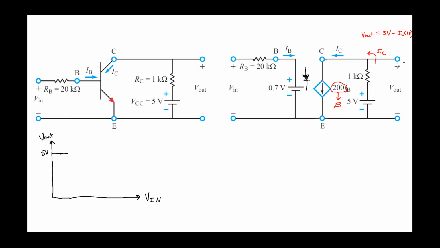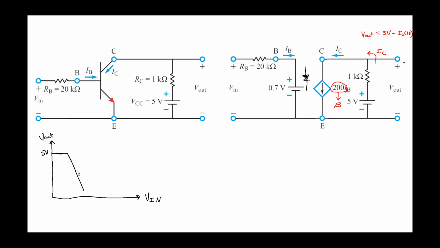Now that you know what IB is, you can calculate what IC is and finally get what the voltage at the output is. In general, as the voltage at the input increases, IB increases, IC then increases, and we get a larger voltage drop at the output. So as Vin increases, Vout decreases.